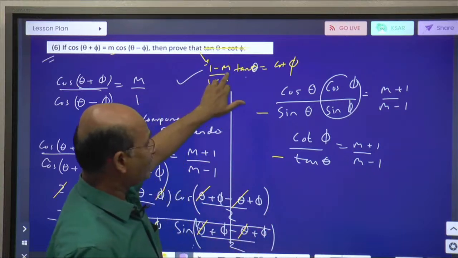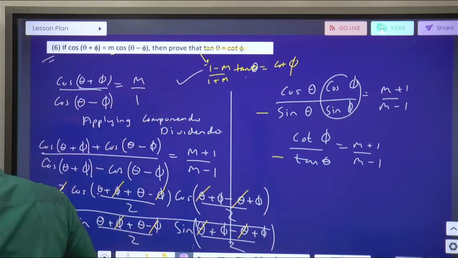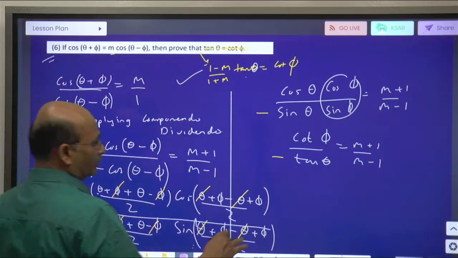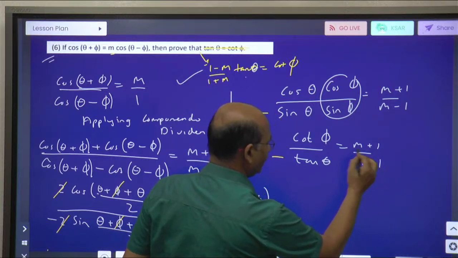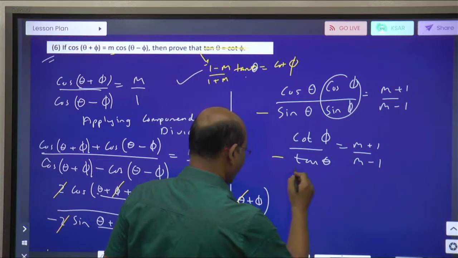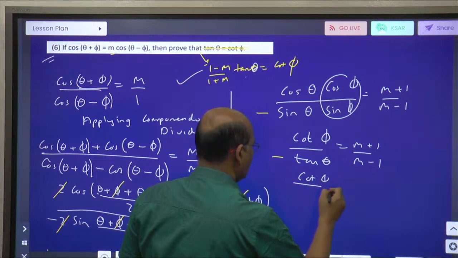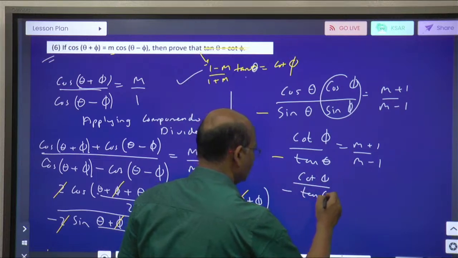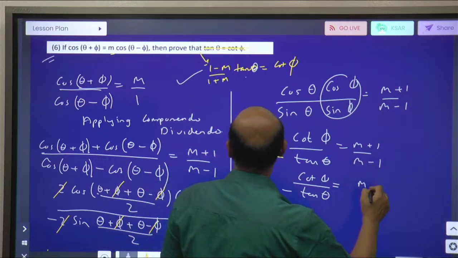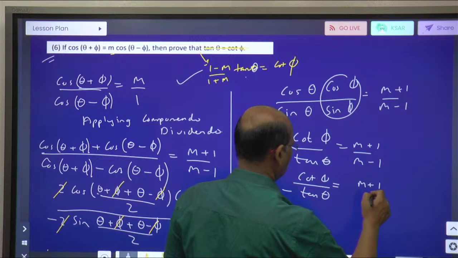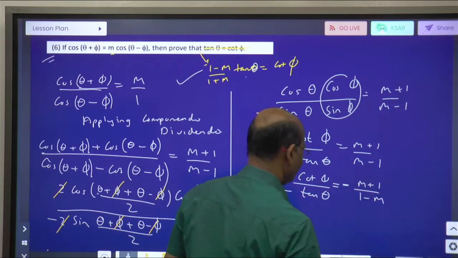I want 1 minus m. So what I am going to do is, if I take 1 minus m here, there is no problem. So can I write like this, cot psi upon minus tan theta is equal to m plus 1 upon, if I put a minus sign here, 1 minus m.